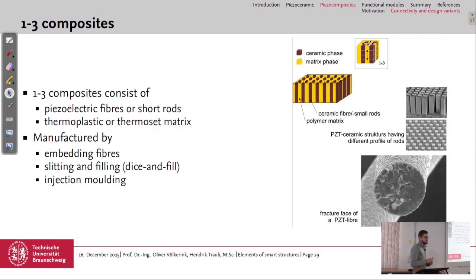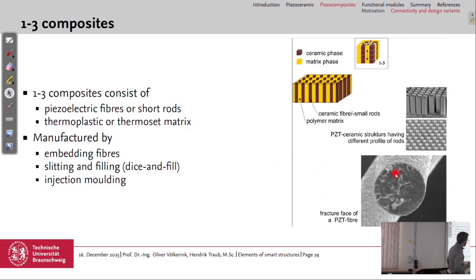The next composite with a different connectivity is the 1-3 composite. It consists of piezoelectric fibers or short rods with a thermoplastic or thermoset matrix again, so fibers in a volume. We can manufacture them by embedding single fibers, or we could slit and fill them, cutting through a monolithic block of piezoceramics to build fibers which are then filled with the matrix material.